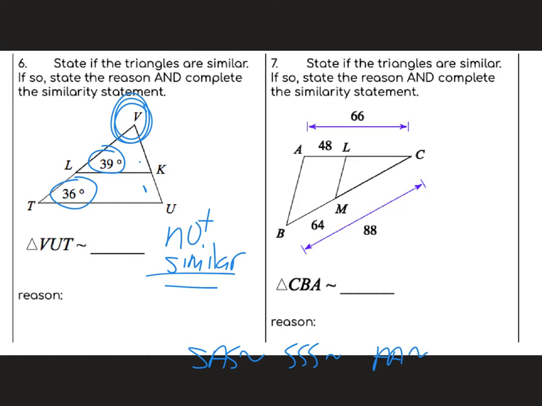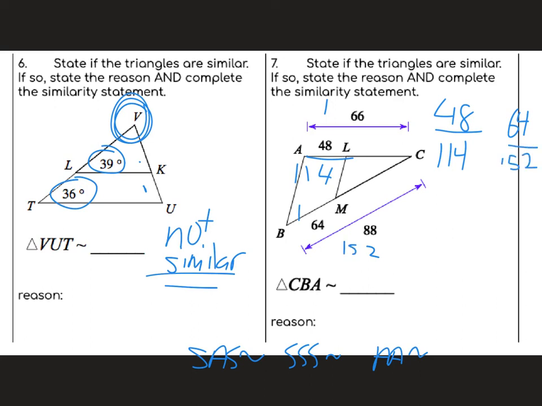State if the triangles are similar. Okay, so I have 48 and 66. 66 plus 48, that's a 4, carry the 1. That's 114. And then you've got 64 plus 88, that's a 2, carry the 1. That's 152.